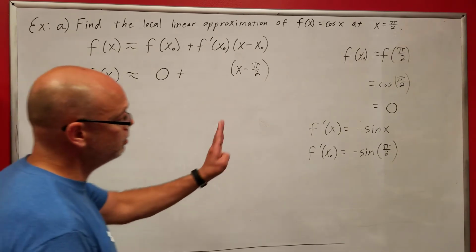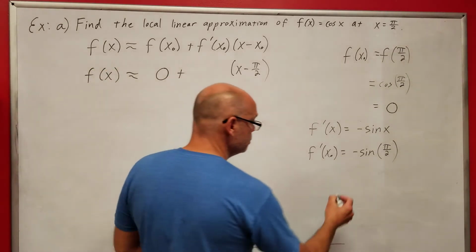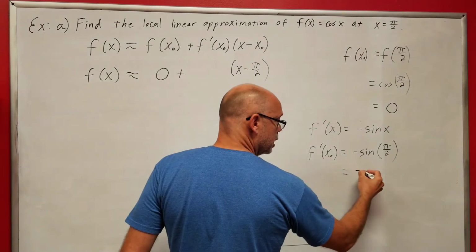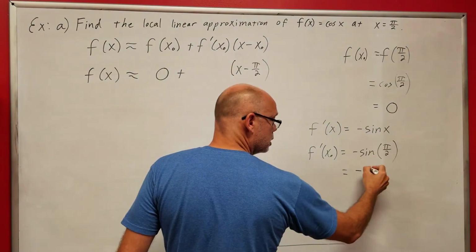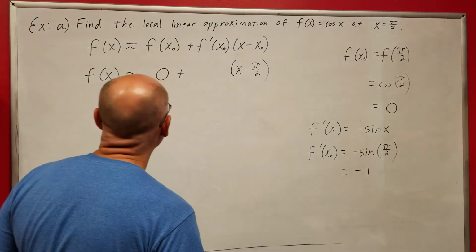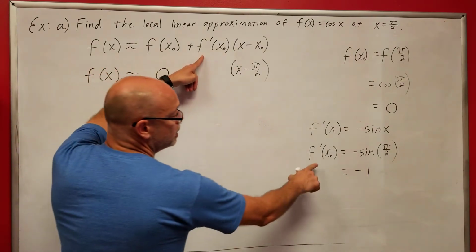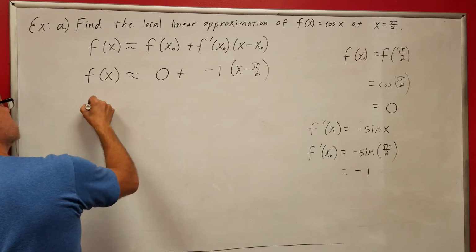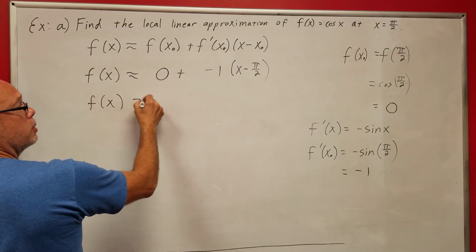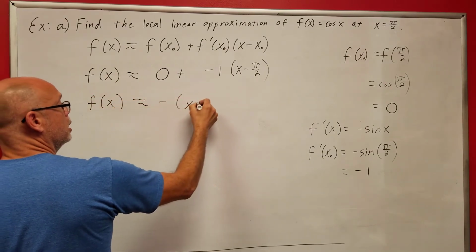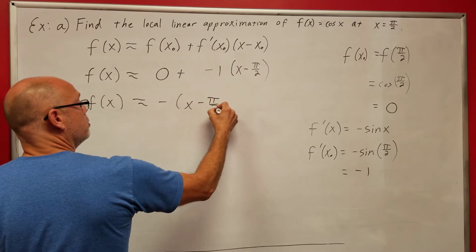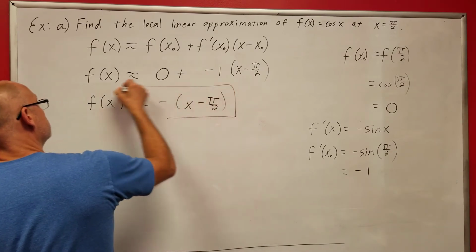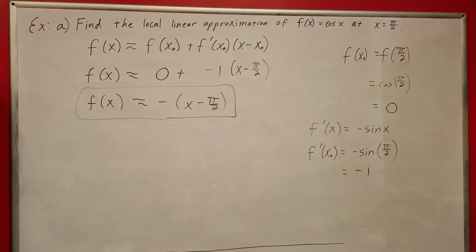Well, what's the sine at pi over 2? Isn't that 1? So if I bring down my negative, and this part is 1, I get negative 1. So what's f prime of x naught? Negative 1. Or couldn't I just say f of x is approximately negative x minus pi over 2, like that? And that would be my local linear approximation.